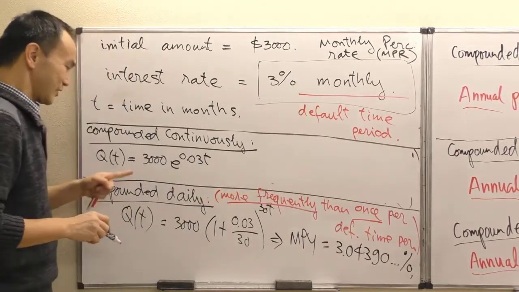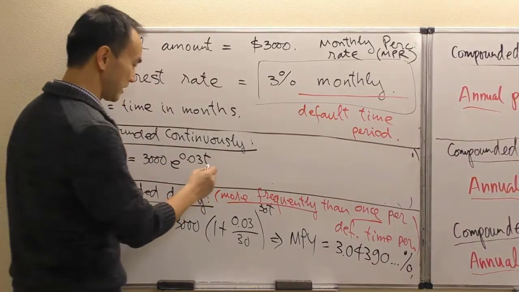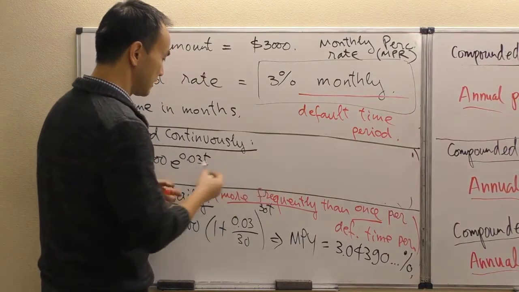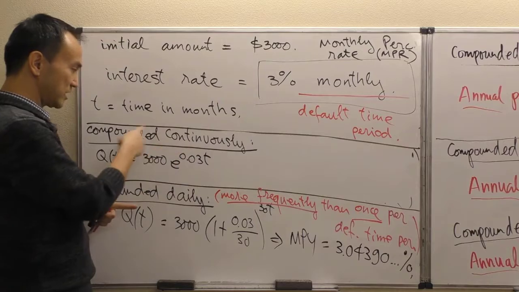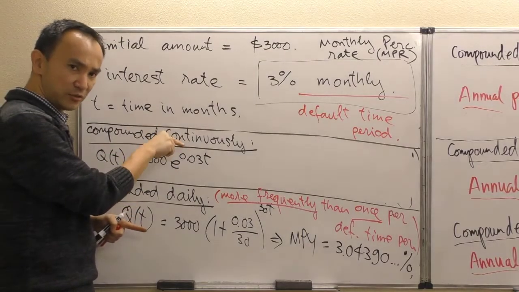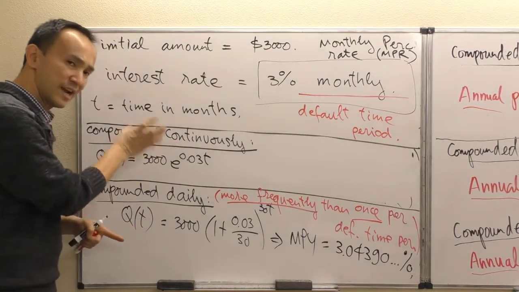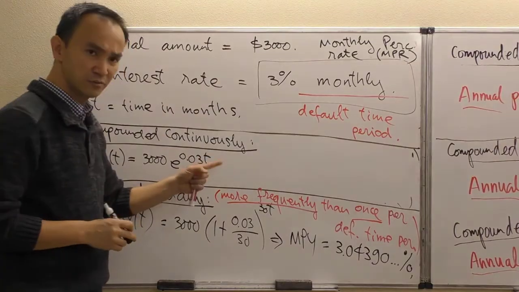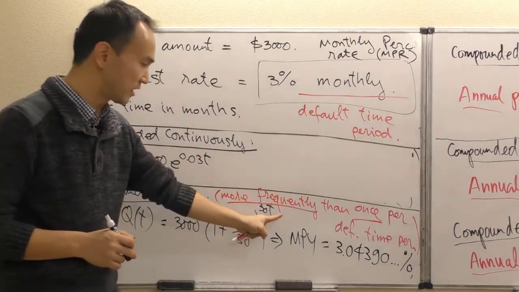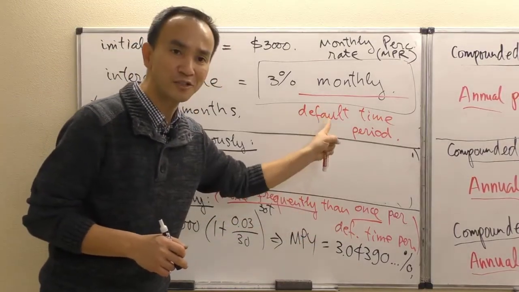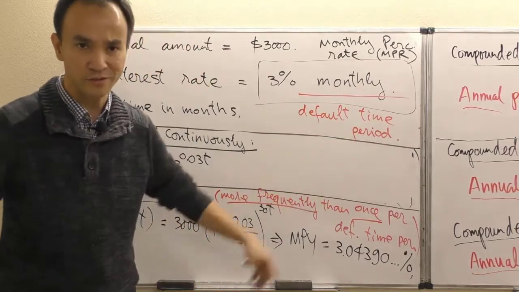All right. So here with this function right here, now I'm going to go ahead and calculate. Of course, when we're compounding our interest continuously, we are doing it a lot more frequently than once per default time period. Needless to say about that.